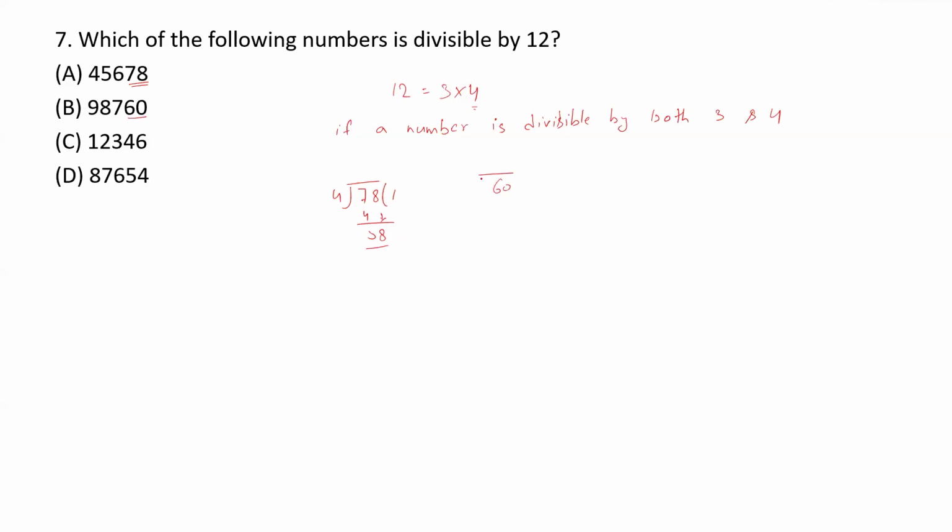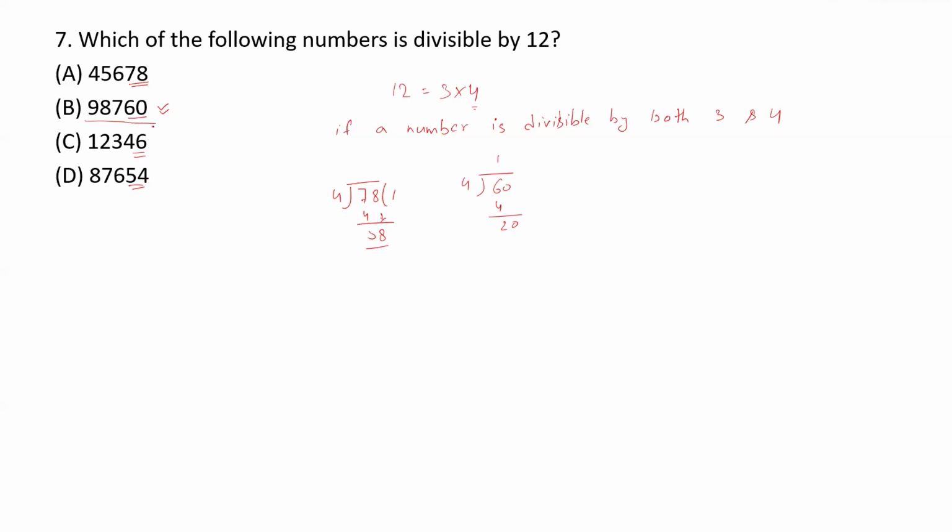Just check whether 60 is divisible by 4. 4 into 15 is 60. Yes, it could be a correct answer. It is a possibility. What about 46? Whether 46 is divisible by 4? No. What about 54? You can check it is not.